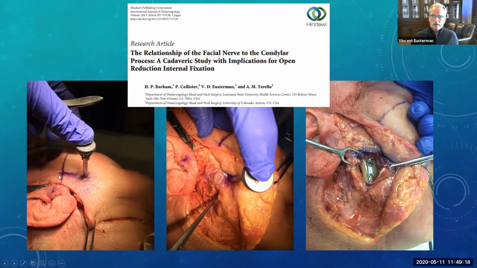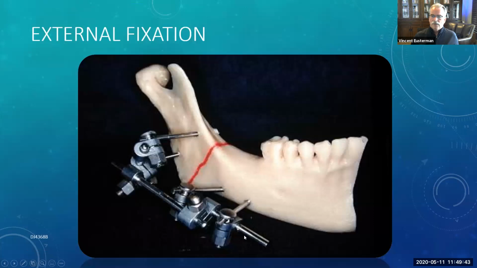And then we measure out 2 centimeters and then down 2 centimeters perpendicular. And this is a really good spot to use a trocar. It's generally over the condyle, and it's generally between the 2 major branches, the orbital and buccal branches of the facial nerve. So these are just some things that you can use while treating these condyles endoscopically.